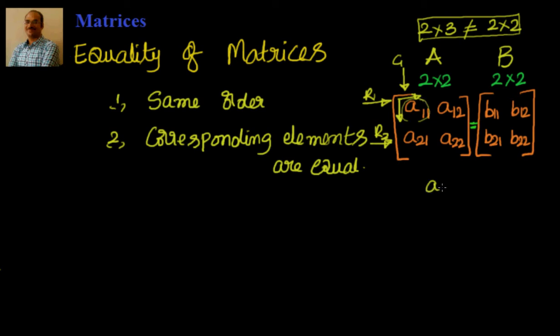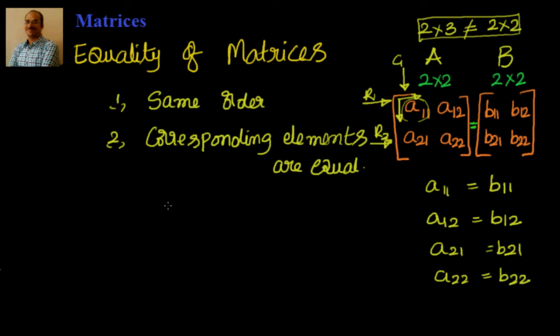So a11 should be equal to, in matrix B, first row, first column, that's nothing but b11. Similarly, a12 is equal to b12, a21 is equal to b21, a22 is equal to b22.